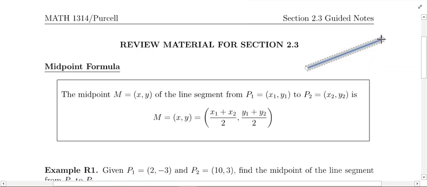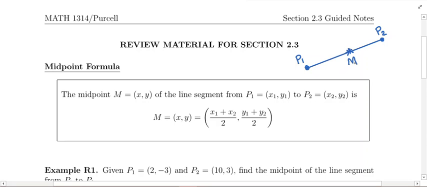Basically, the line does not continue indefinitely in both directions. It has a starting point, maybe right here, and this could be P1, and then it has an ending point, so this could be point 2, and this is your line segment, and basically you're trying to find the midpoint. So you're trying to find the point right smack dab in the middle.